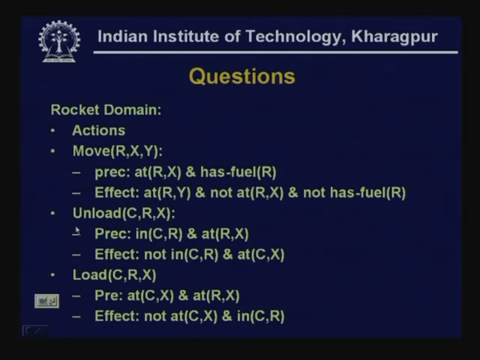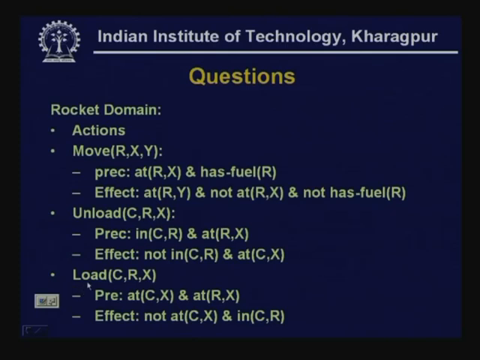The second action is unload C r x: unload cargo from rocket at x, precondition is in C r and at r x, that is, the rocket is at x and the cargo is in r, effect is not in C r and at C x.